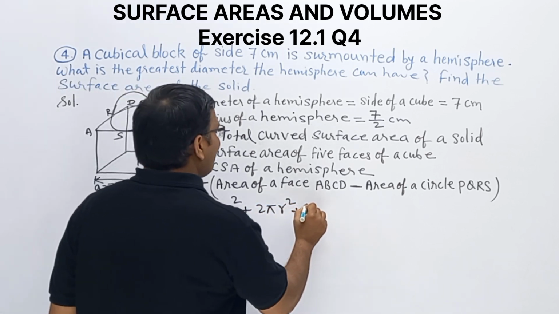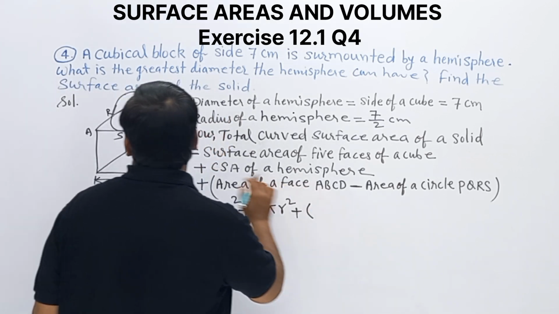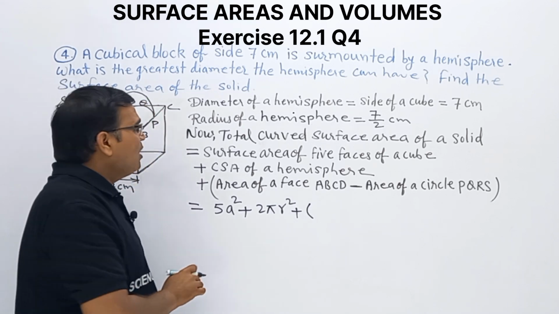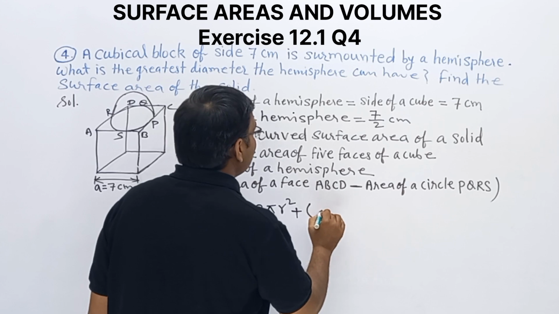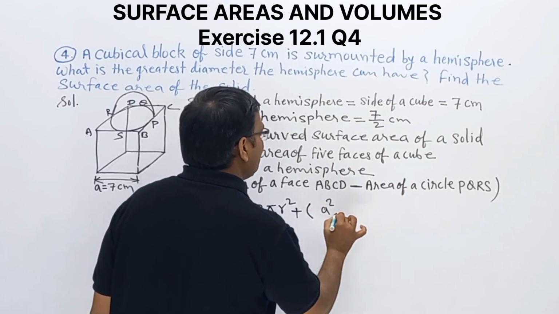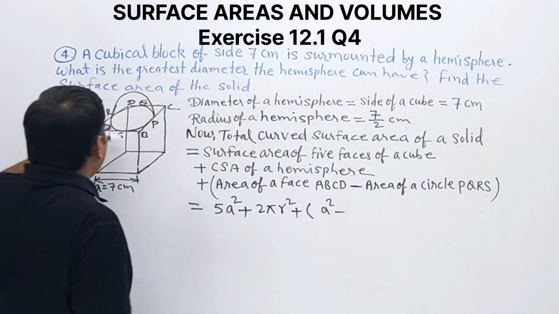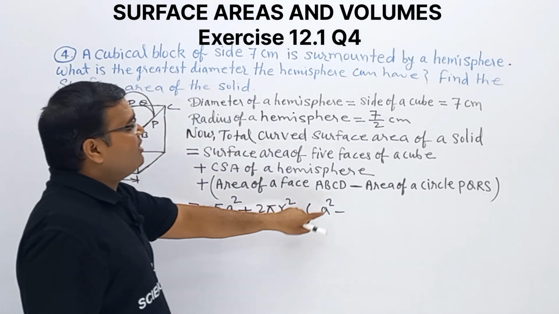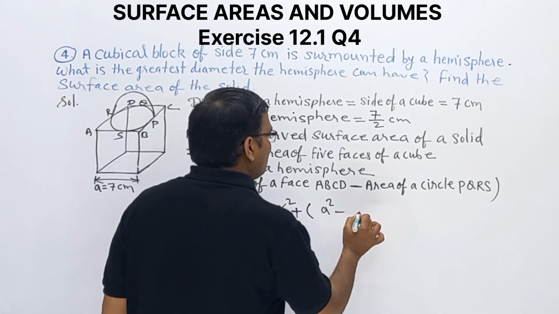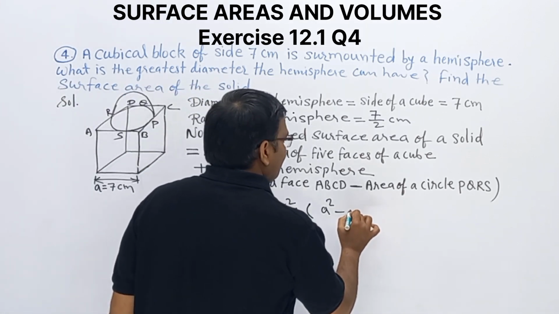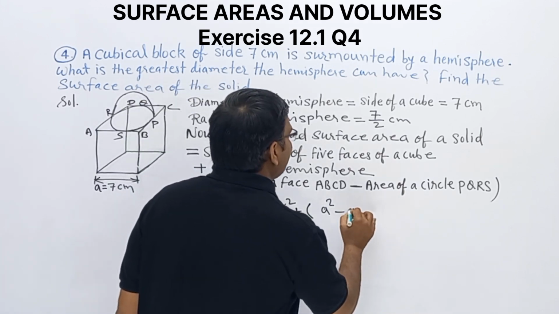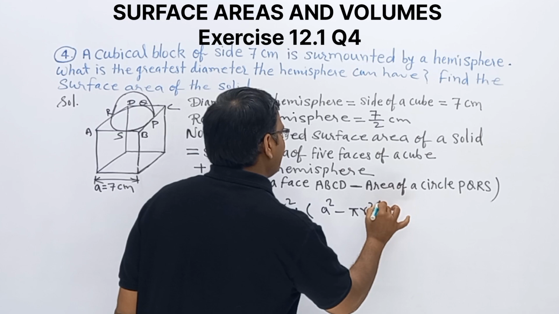So the area of face ABCD, which is a square and the top face of the cube, will be side square, a square, minus the area of the circle PQRS. It is not part of the curved surface area, so we are removing it. This will be pi r square, the area of a circle. Clear?